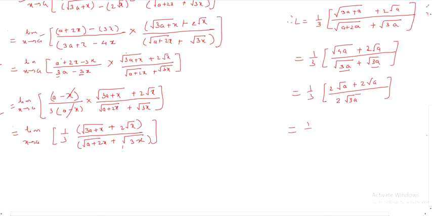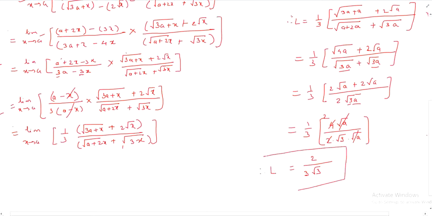Here 1 by 3, 2 root a plus 2 root a, that is 4 root a, by 2, and this root 3a can be separated as root 3 into root a. Okay, now root a gets cancelled, again 2 twos are 4, therefore we have 2 by 3 root 3.